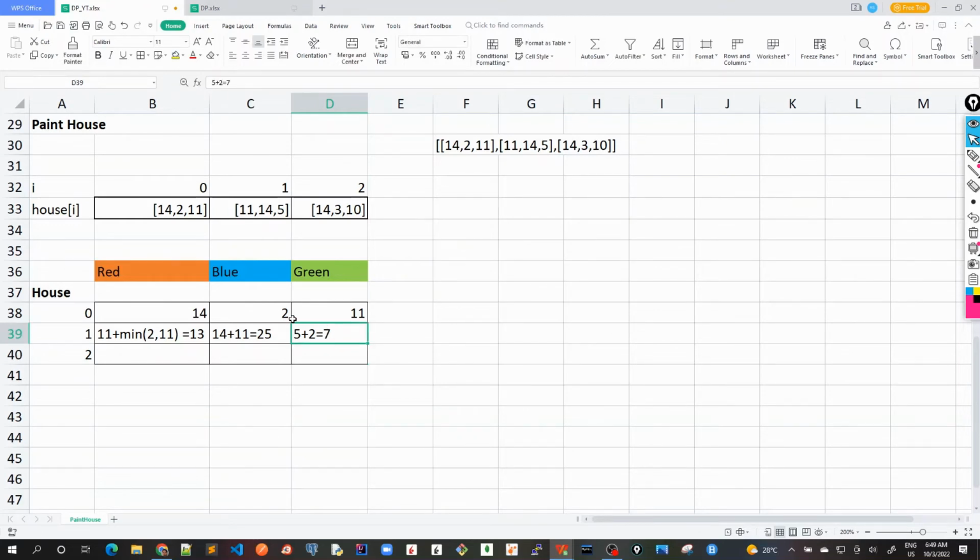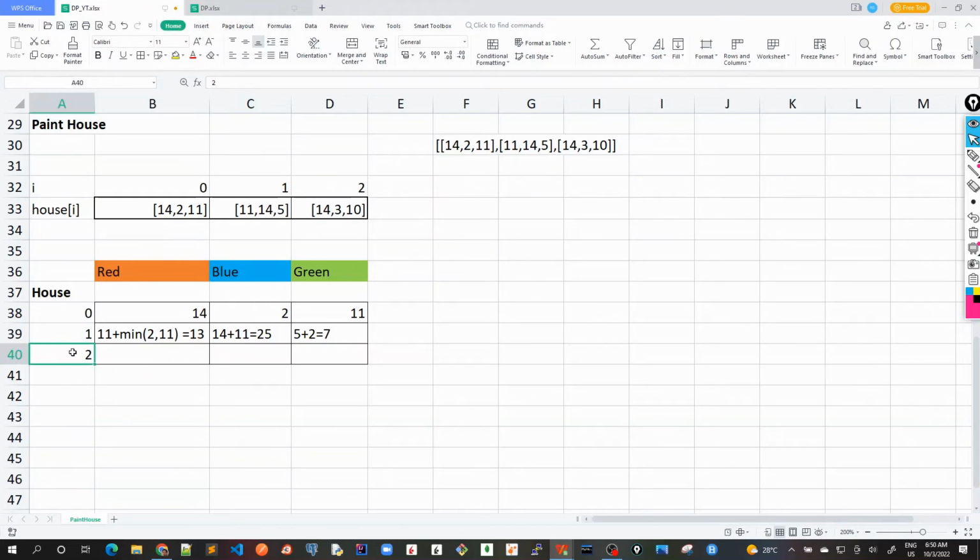So it means that we painted the zeroth house with blue and the first house with green. So this is the basic formula here, right? Right, guys. I think it's a very good example to understand dynamic programming, because here we are exactly following the pattern which is used for the bottom-up approach.